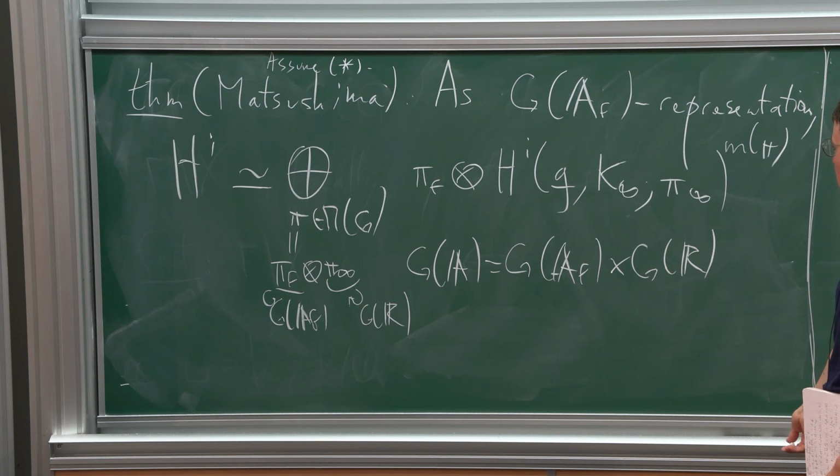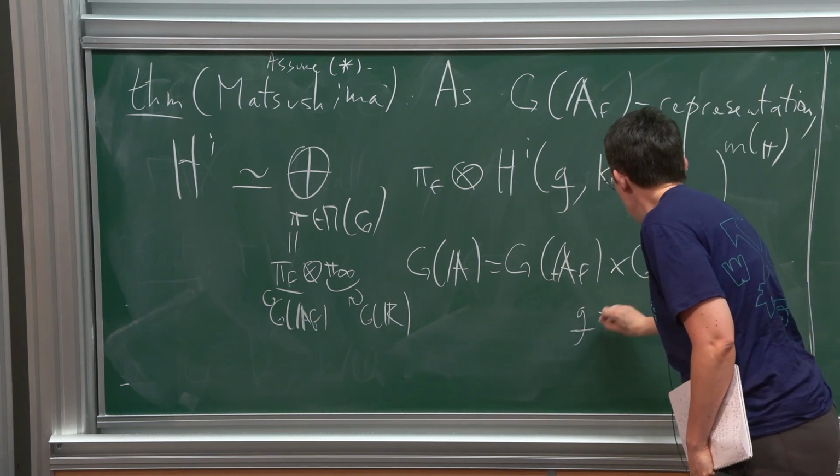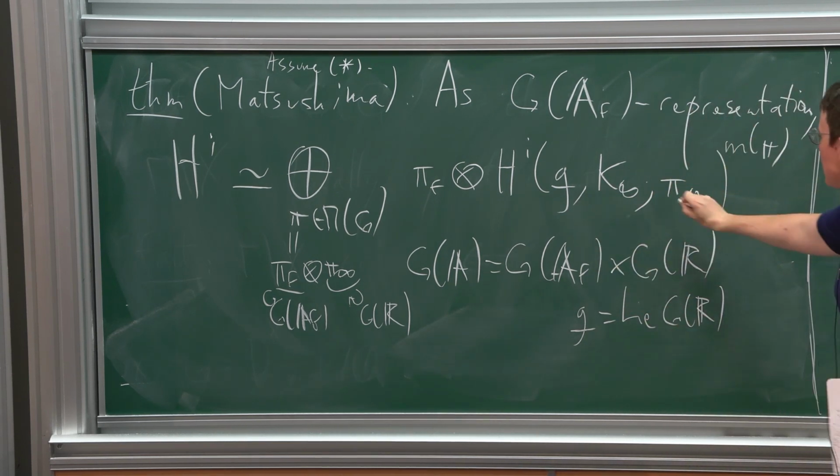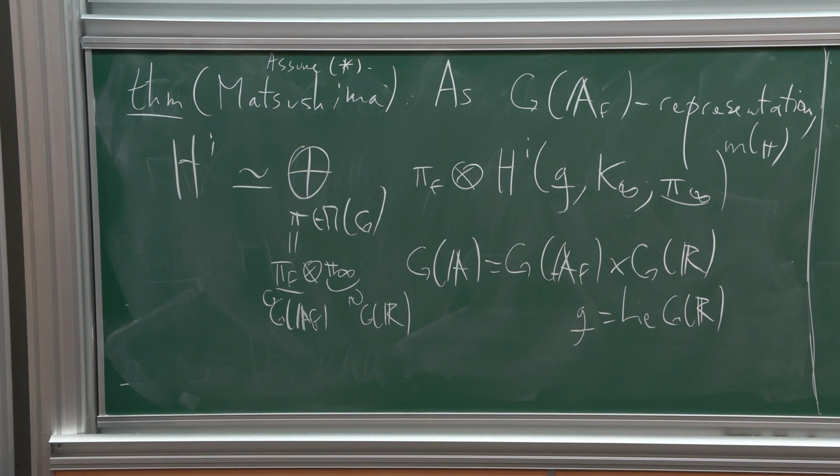I'm not going to define the (g,K)-cohomology group. Here g is the Lie algebra of G of R. This is going to select some infinite parts of automorphic representations. It's quite a strong condition on pi infinity, actually, to have non-trivial (g,K)-cohomology. So I'm just going to say this is a computable invariant in theory.